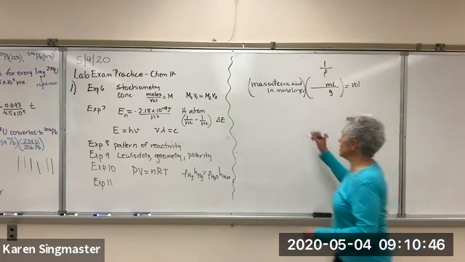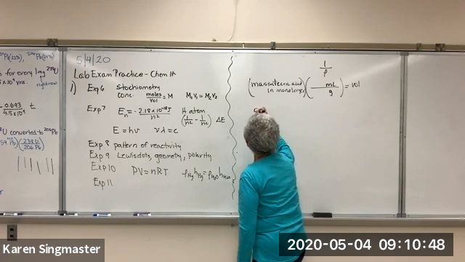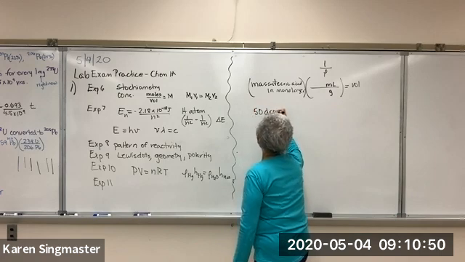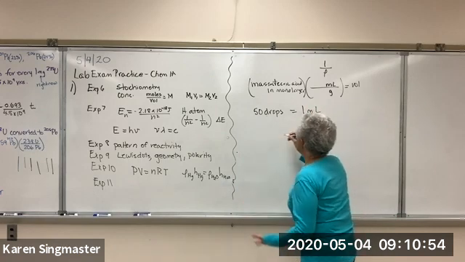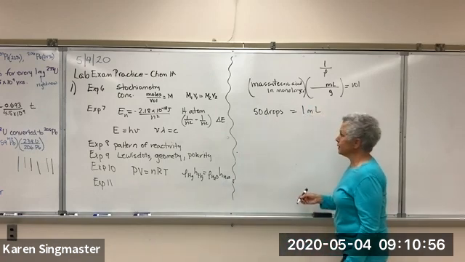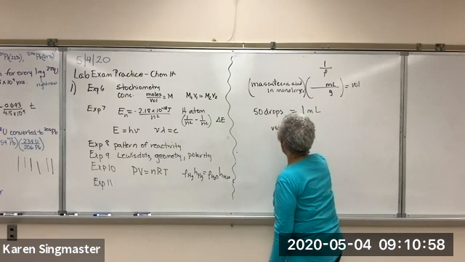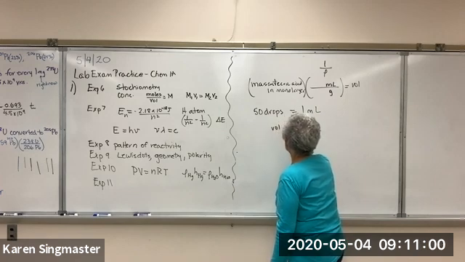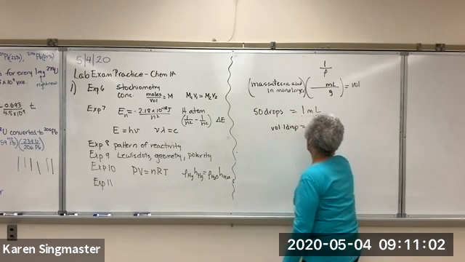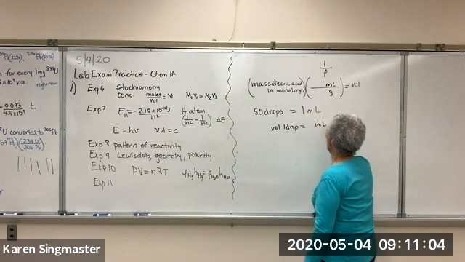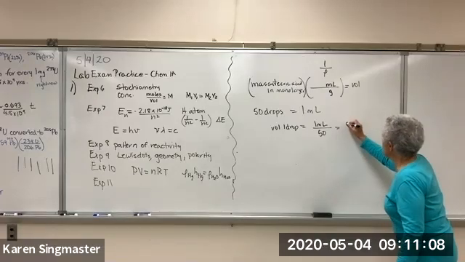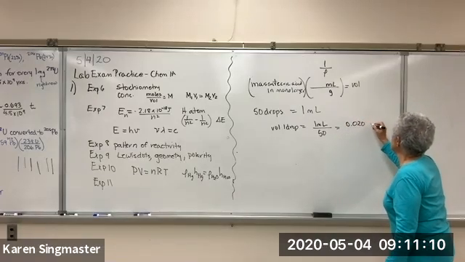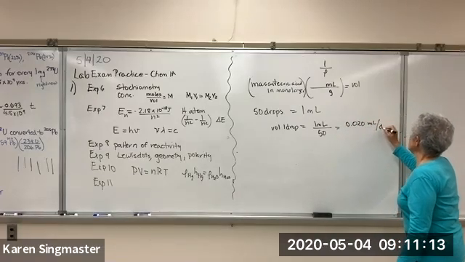It's just dimensional analysis. You have 50 drops, let's say, equals 1 mL. Then you're trying to find the volume of a drop. The volume of 1 drop would be 1 mL divided by the 50 drops, so that would be 0.020 mL per drop.